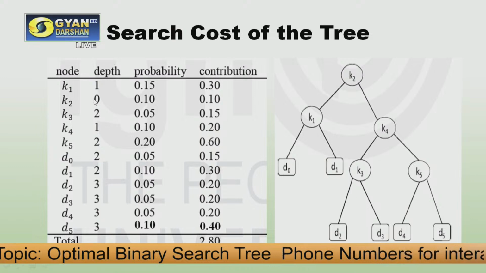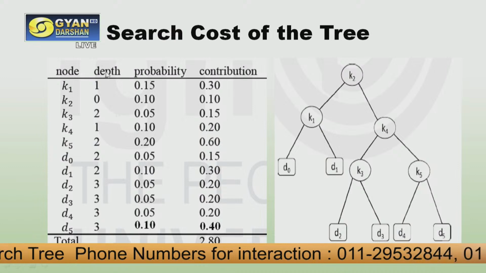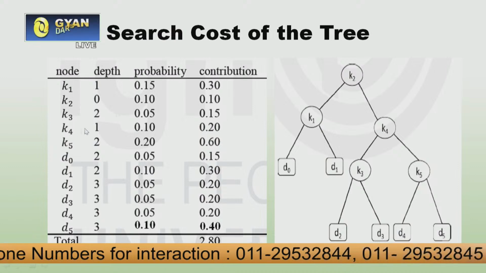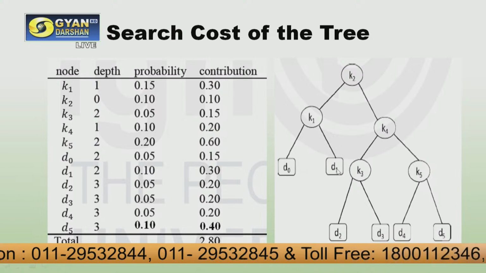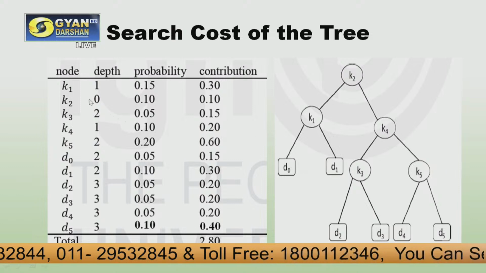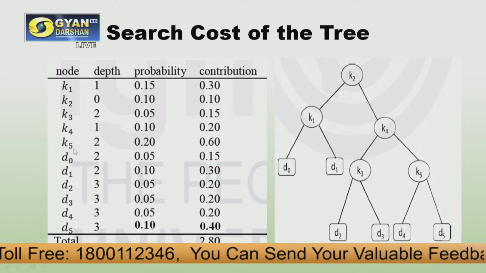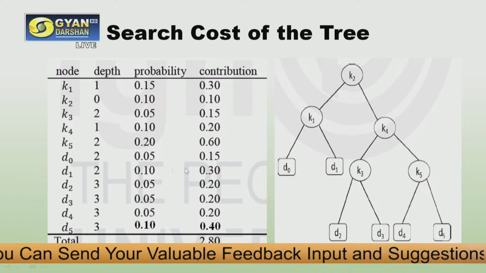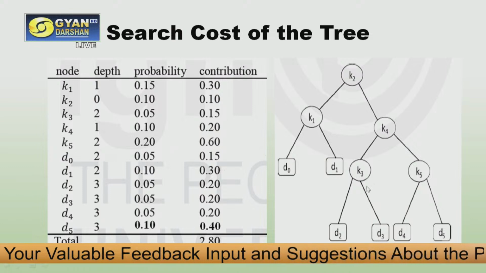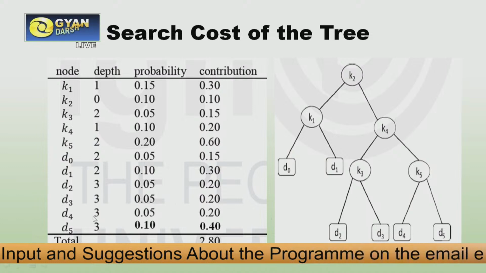K1 and K4 are at depth 1. Then D0, D1, K3 and K5 are at level, or depth, 2. And thereafter D2, D3, D4, D5 are all at level 3.